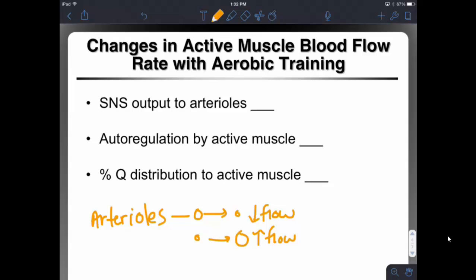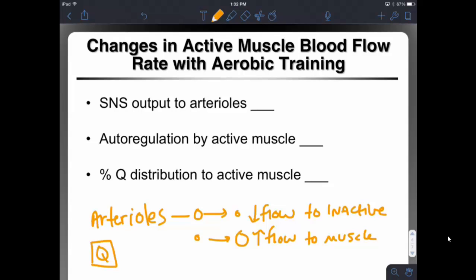Okay? And so what happens during exercise is we have a certain amount of blood flow, that's cardiac output, and it would be beneficial to deliver more of that cardiac output to the muscle. And because you have a fixed amount of blood, if you want to send more blood to the muscle, we have to send less blood everywhere else.